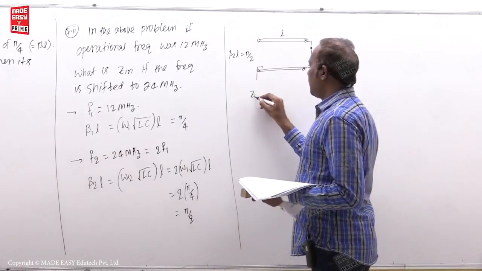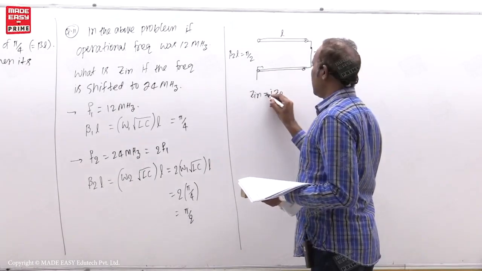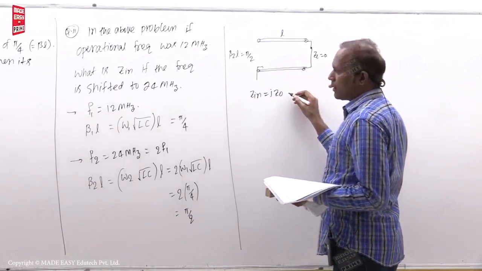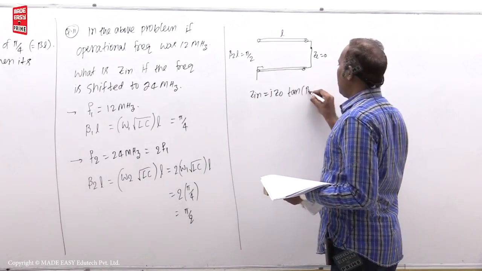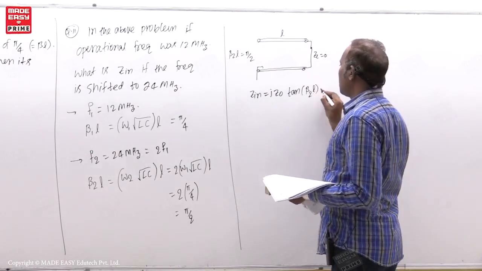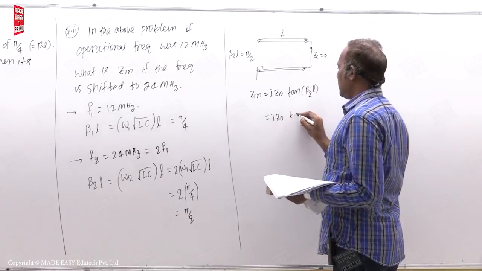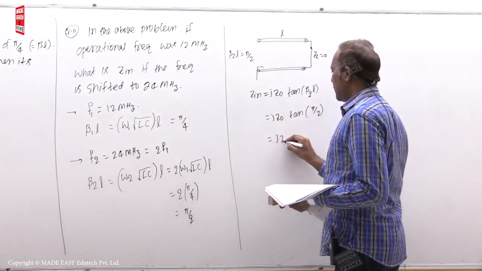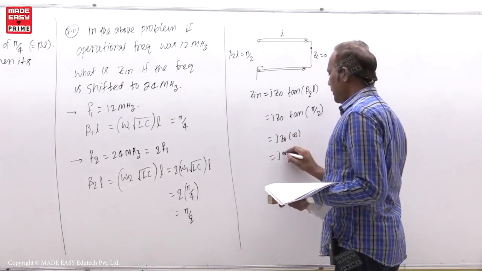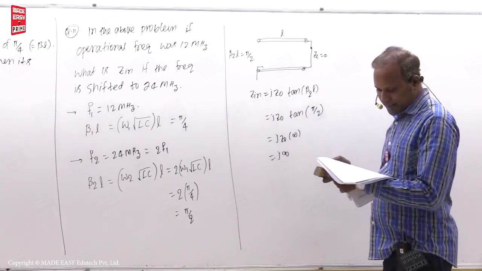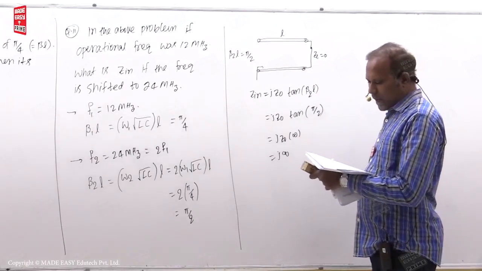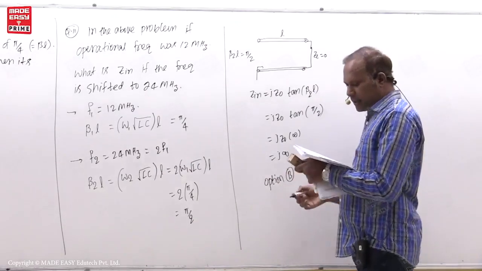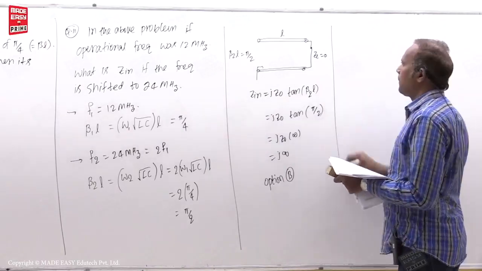Now what is the input impedance here? jZ0 tan βL, this time it is β2. So jZ0 tan(β2 L) with β2 L equal to π/2. So jZ0 into infinity, that is j infinity, students. tan π/2 is infinity. So the answer is option B, infinity. j infinity or infinity both are the same.